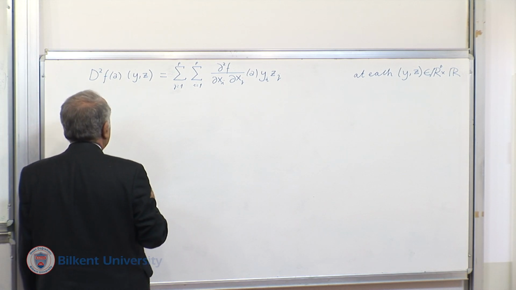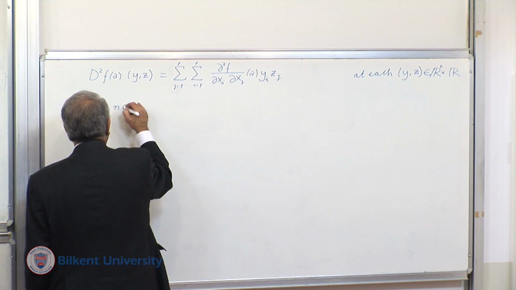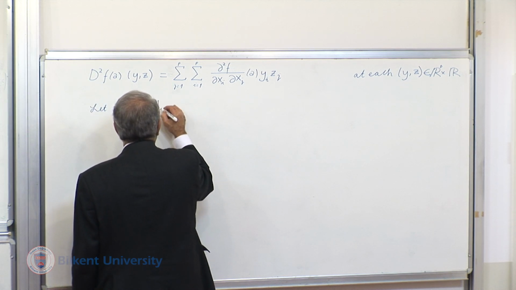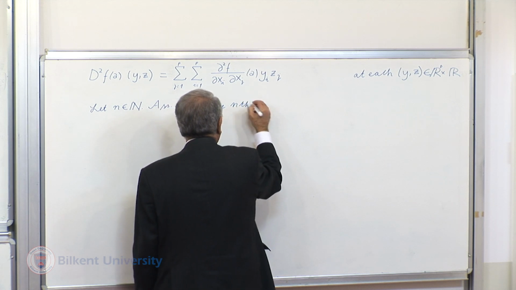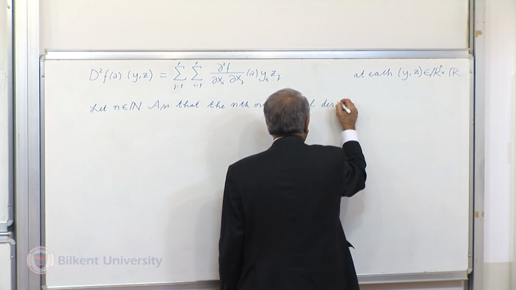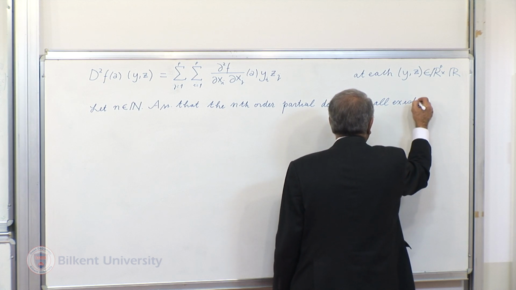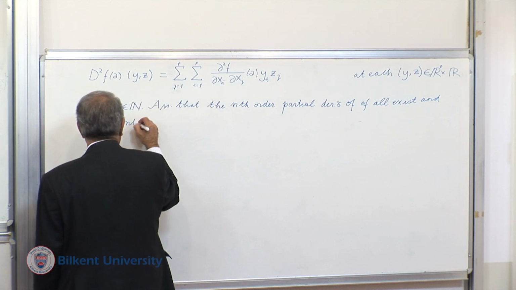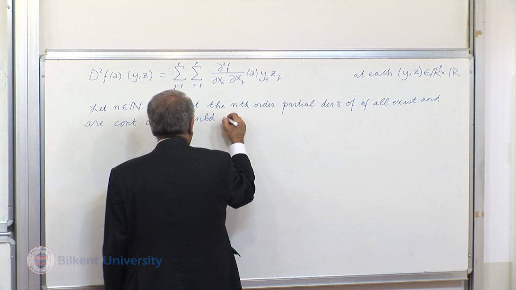Now, let us define the general form. Let n be in N. Assume that the nth order partial derivatives of f all exist and are continuous on some neighborhood of a.